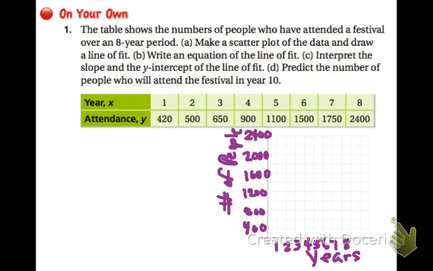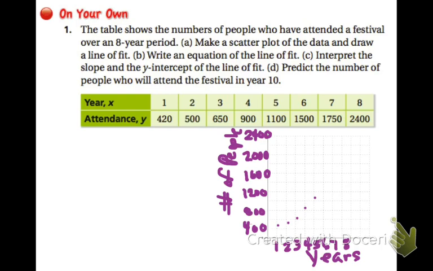So we had about 420 the first year, and then you had about 500 in year 2. In year 3, it's about 650. Year 4, it's about 900. Year 5, you had 1,100.